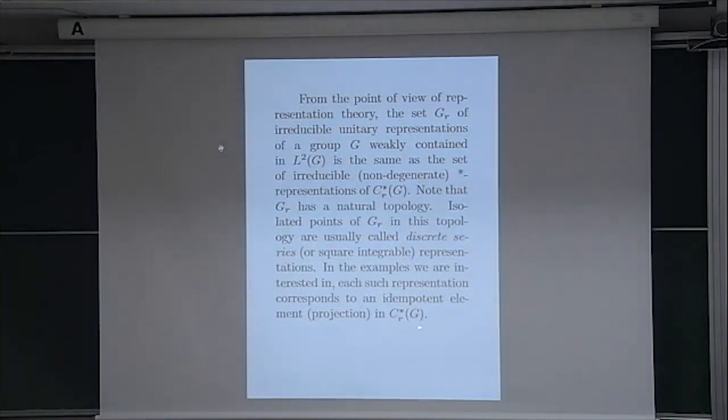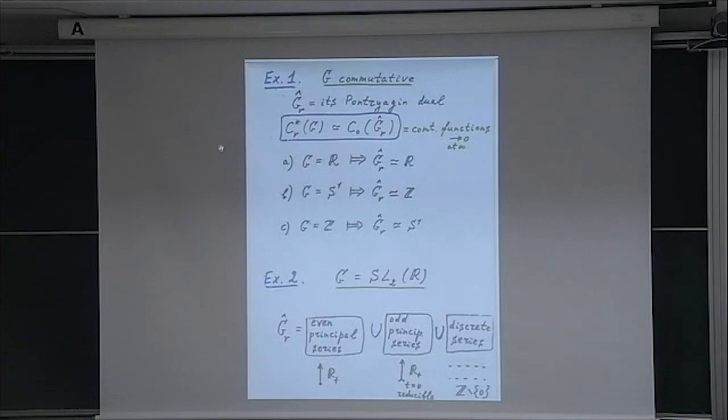To analyze this C-star reduced of G, we will have to use some usual stuff of C-star algebras. So here I give you some examples. This reduced C-star dual in the case of an abelian group is the Pontryagin dual of the group itself.